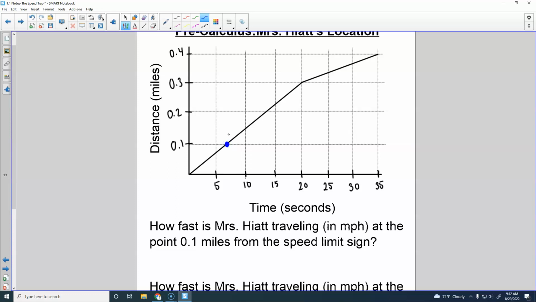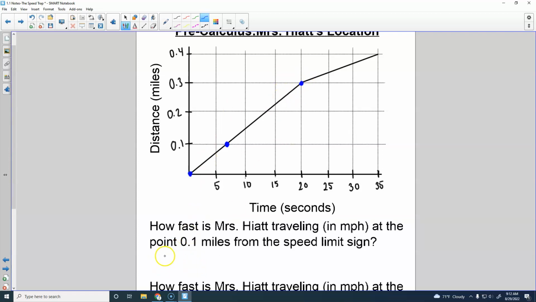When I need to find how fast I'm going, what am I looking for in that line? I'm looking for the slope of that line. I'm going to use the endpoints here, because the endpoints will be easier than using different points there.